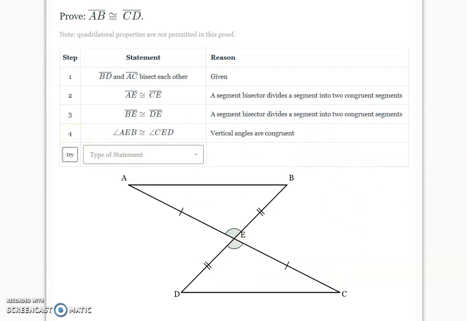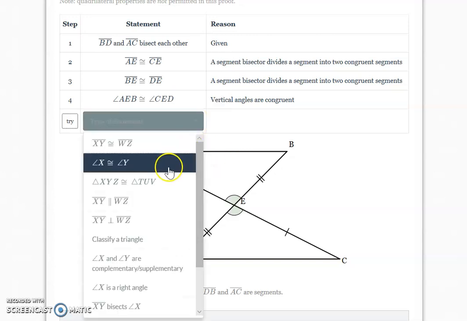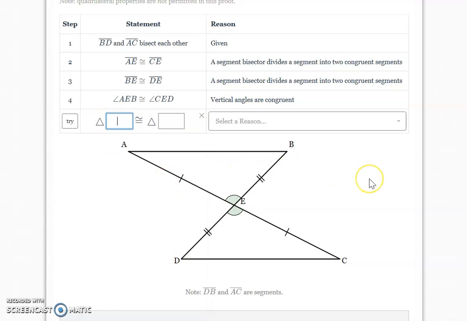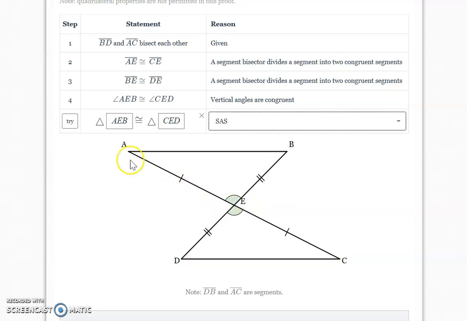So now we have this. This now proves that this top triangle is congruent to this bottom triangle by side angle side. So let's use our triangles. Now we know that AEB is congruent to CED, and our reason was side angle side.